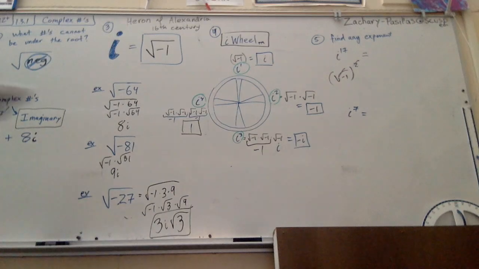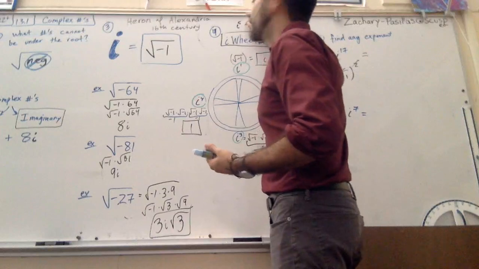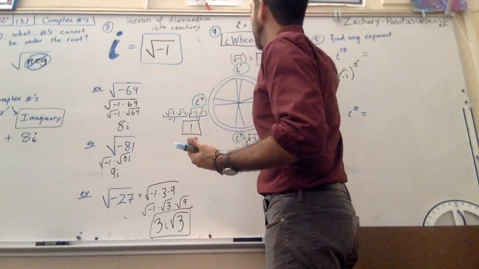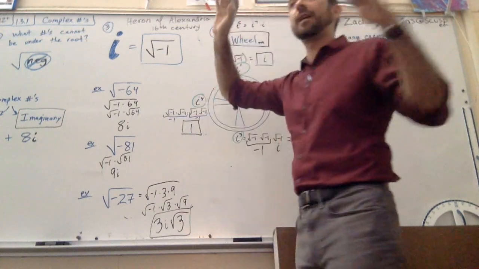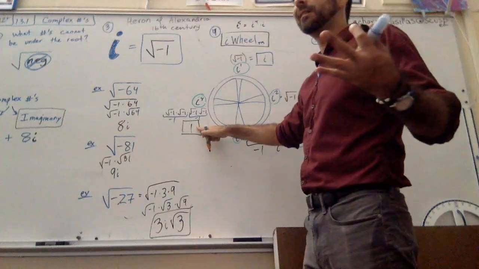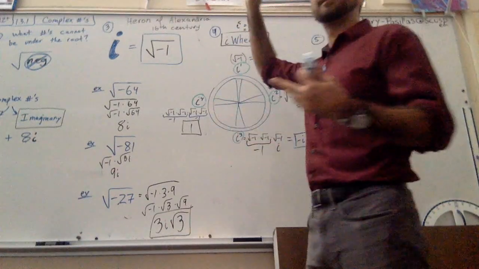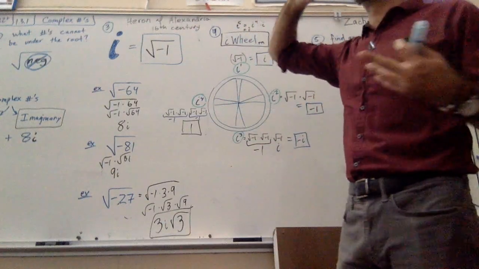I think what you're saying, and see if everyone agrees with this, is that i to the fifth is i to the fourth times another i. You guys agree with that? Yeah. i to the fourth power we just discovered was 1. So guess what i to the fifth power equals? i. You see it? Okay.